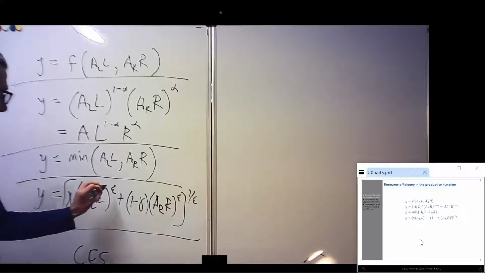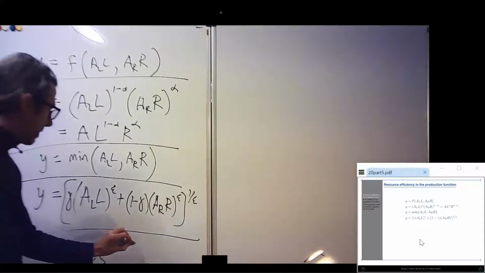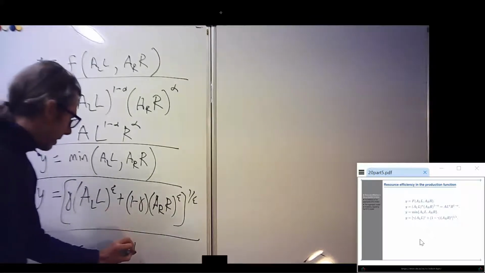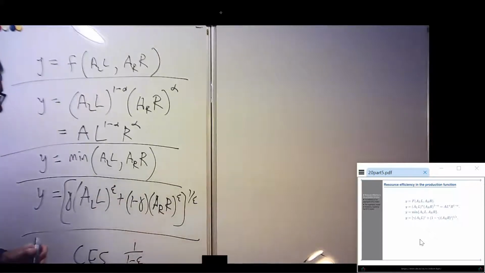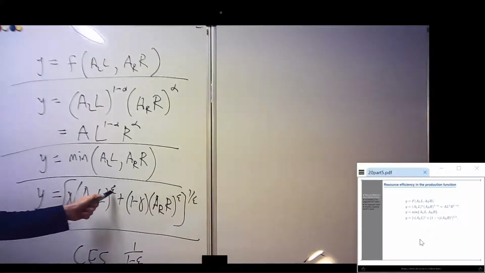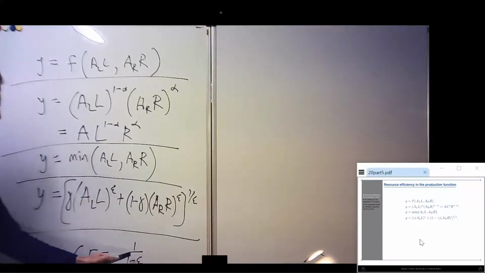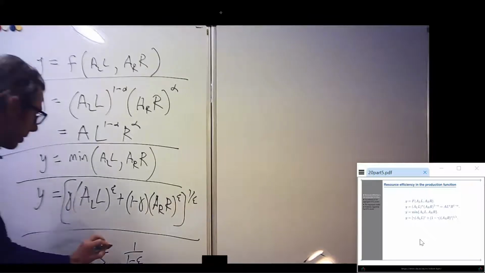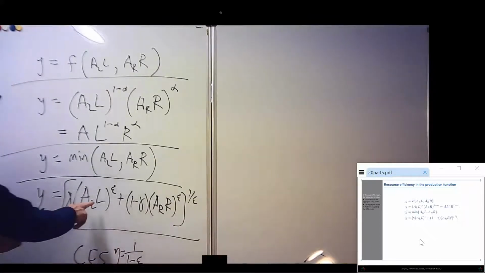And the elasticity of substitution is determined by epsilon, and it turns out that it's equal to 1/(1 minus epsilon). So think about that. If epsilon is 0, this suggests then that the elasticity of substitution should be 1, right? Does that make sense?